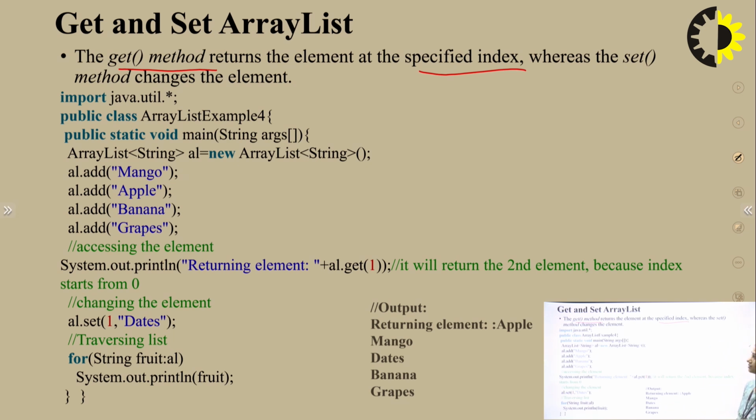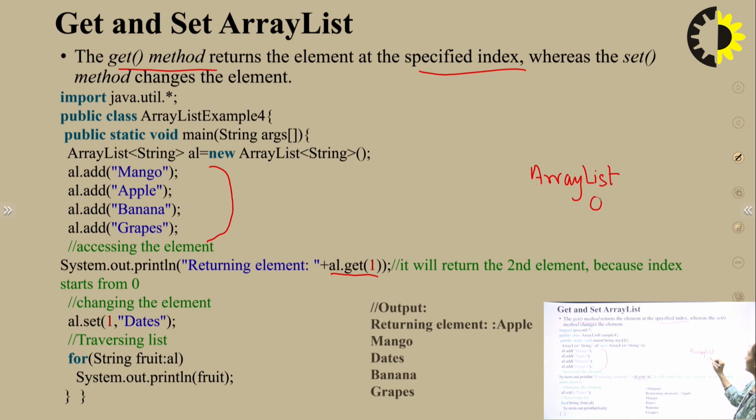Suppose in this example we have created an array list, and after creating it we have added these elements. For accessing the elements, we are returning elements with the sout statement. You are saying al.get(1), and it will return the second element, because the index value of your array list starts with 0.